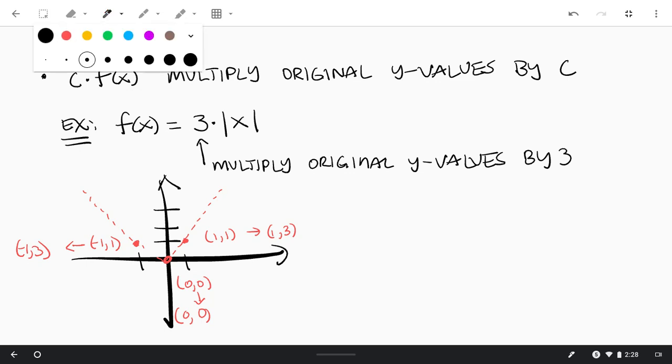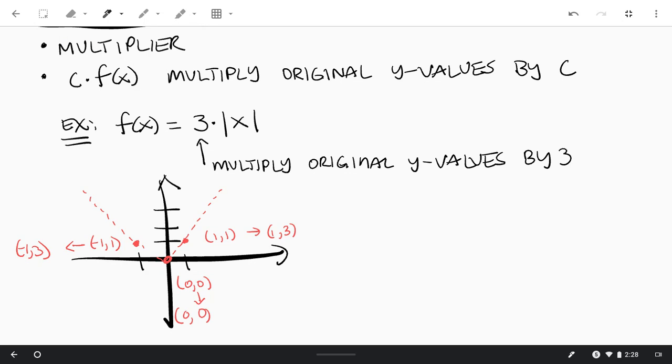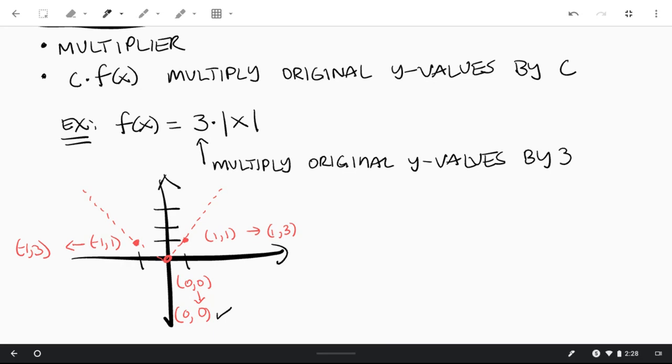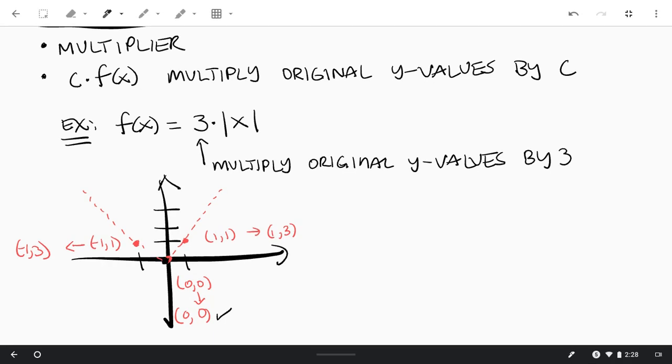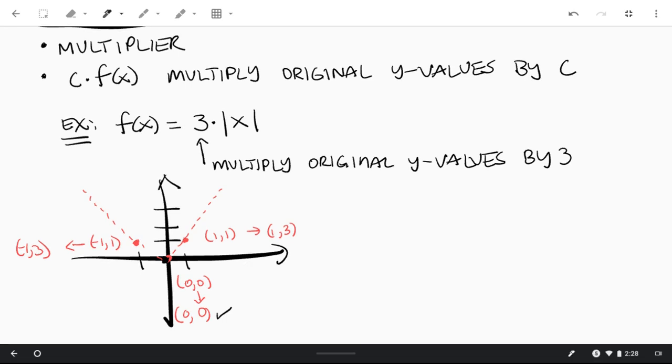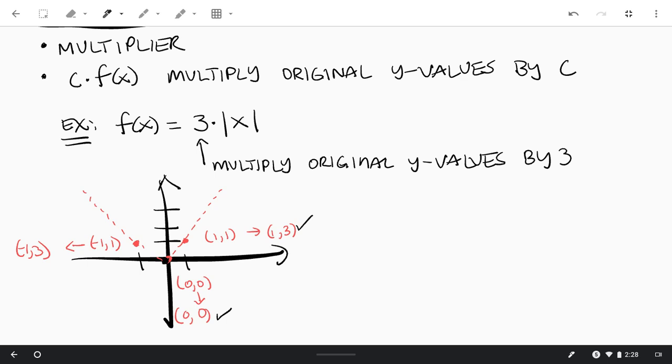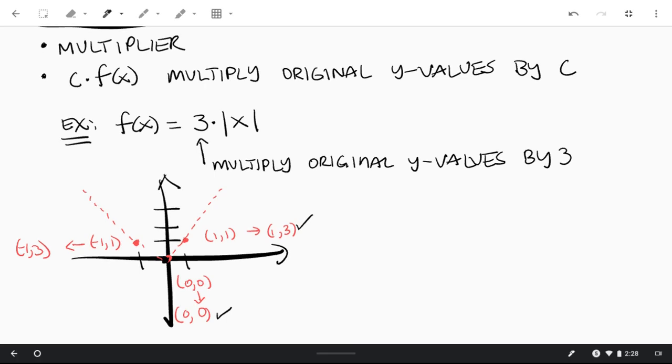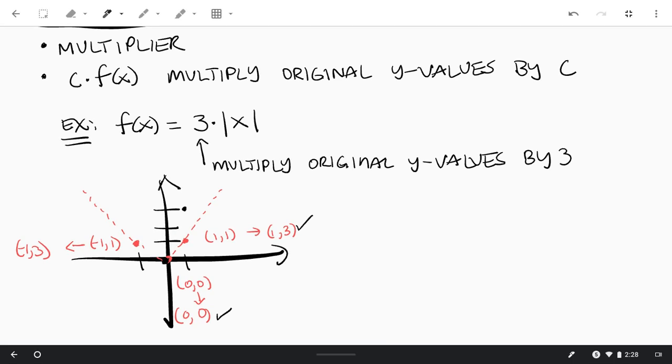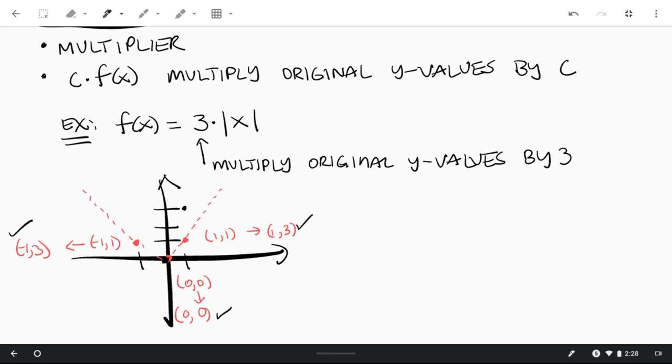Okay, so now let's go ahead and plot those new points. So this one over here, 0, 0. This one over here, 1, 3. So let's plot that. 1, 3. Okay. And this one over here, -1, 3.